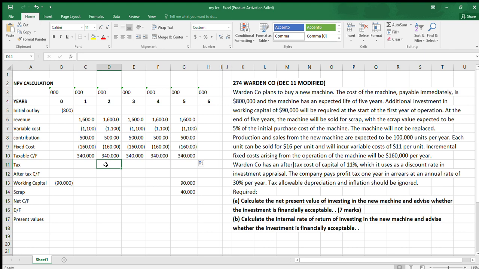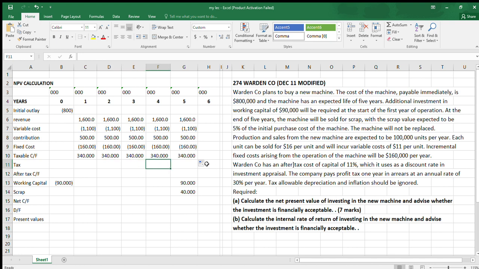There's no way they are going to pay tax in advance. They cannot pay year 2 tax in year 1 because you haven't gotten to year 2. The question will either say that they pay tax in the year they make profit, or a year after. The reason I was talking about year 6 is because of the tax. With tax in arrears, the taxable cash flow in year 1 is paid in year 2, year 2's in year 3, year 3's in year 4, and so on.